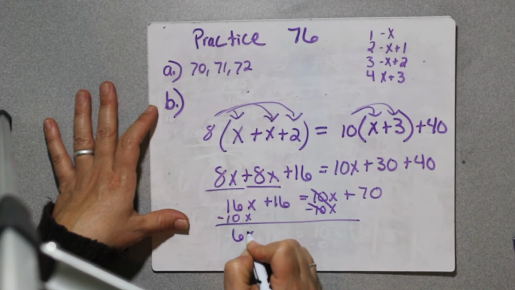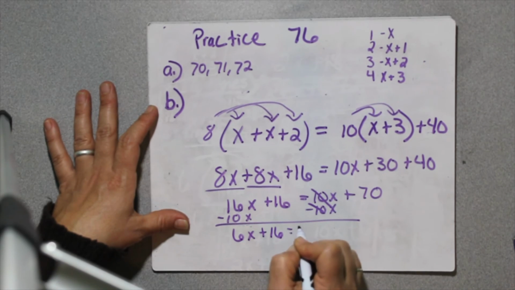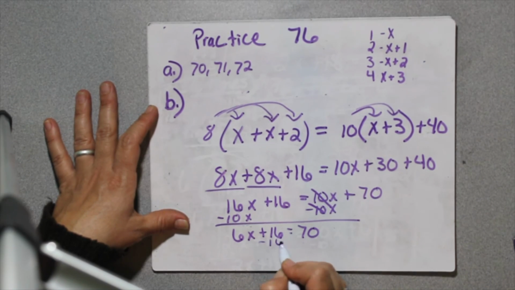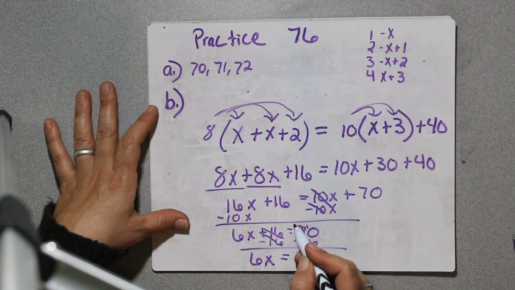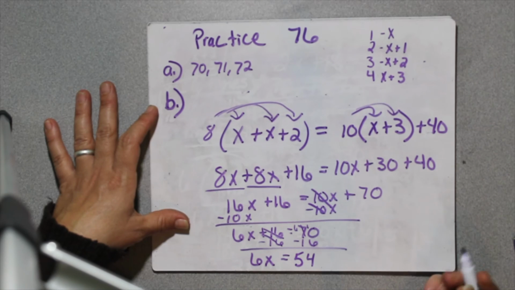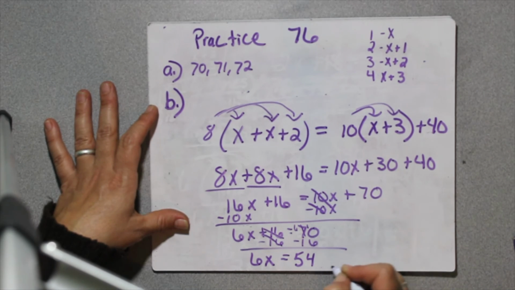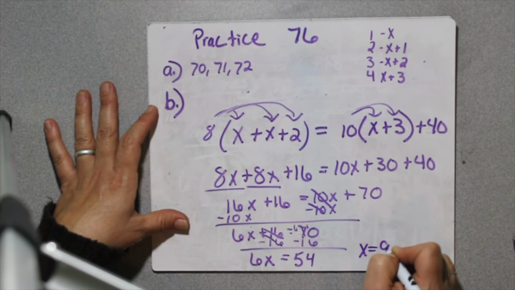And we get 6x plus 16 equals 70. Now we're going to subtract 16. We get 6x equals 54. And that will be 6 times 9 is 54. All right. Yep, 6 times 9 is 54, so x equals 9.